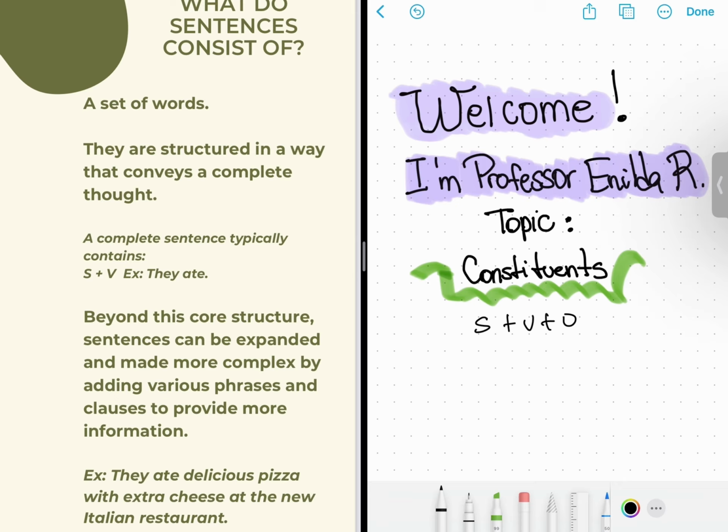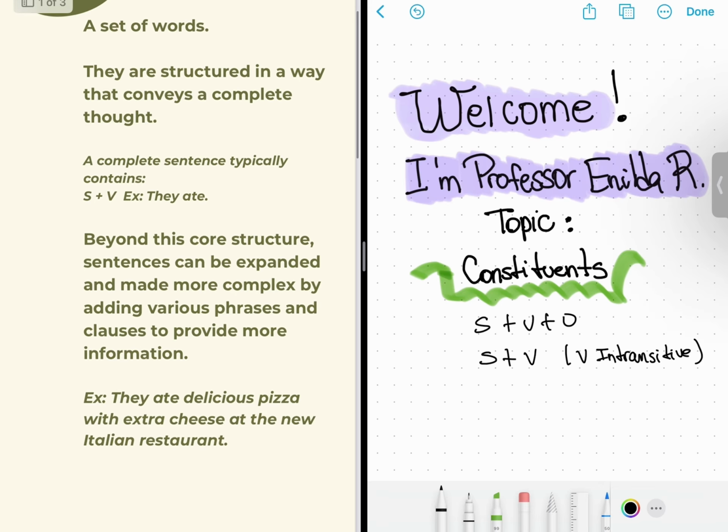Sentences are a set of words structured in a way that conveys a complete thought, a complete meaning, so that we can understand what people tell us, right? For example, here we have a simple sentence: They ate. We know it is a complete thought. In some cases in English, we can use a subject plus a verb, and it has a complete meaning because the verb is an intransitive verb, so it can stand alone.